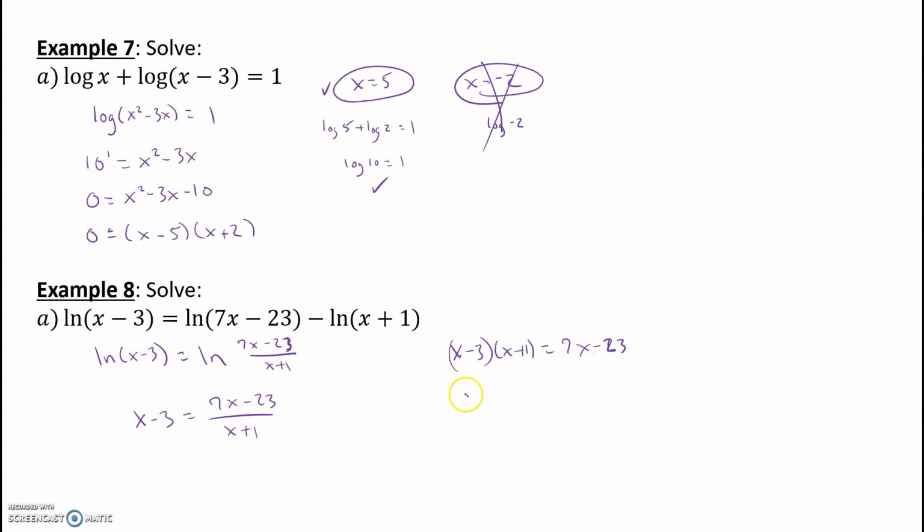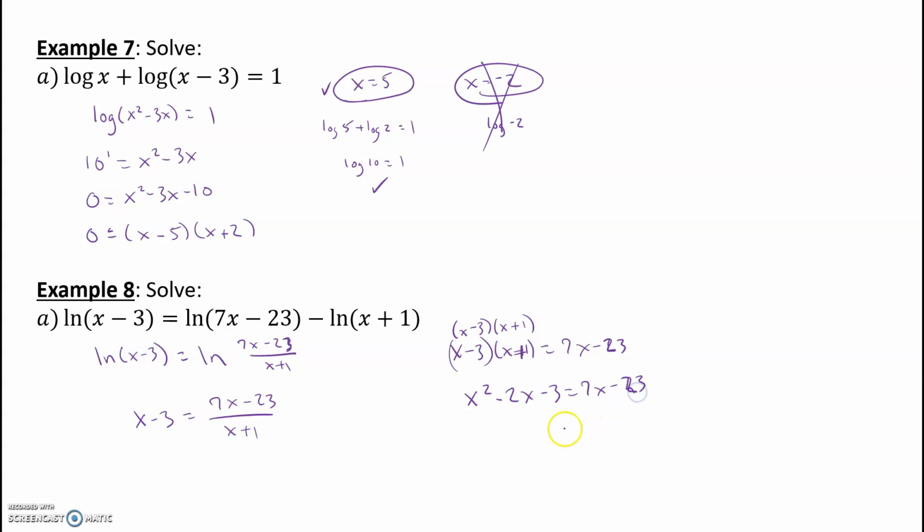So here we've got x squared. It's a plus 1, right? Yeah. So this is x plus 1, sorry, my handwriting is awful. What do we got? X squared minus 2x minus 3 equals 7x minus 23.